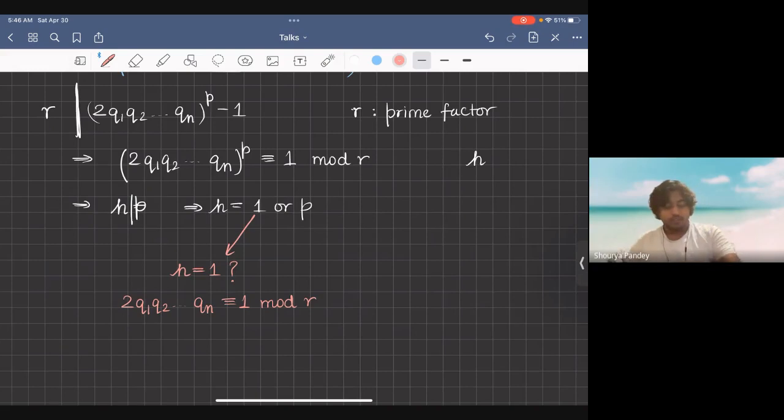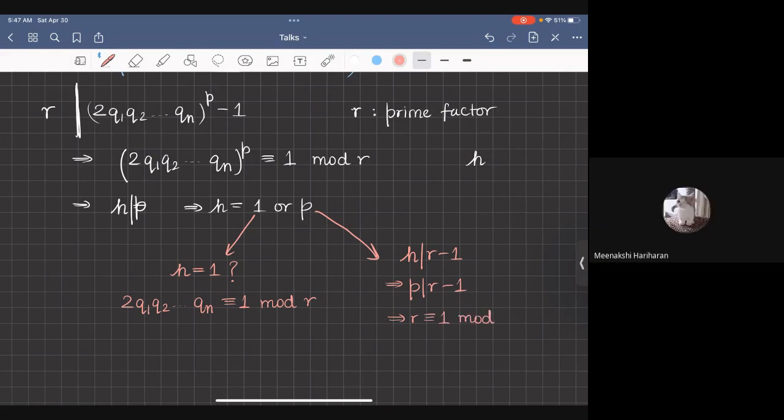Let's resolve this first. In this case, since we also know that h divides r minus 1, because h divides phi of r, then this would mean p divides r minus 1. And so r is 1 mod p.